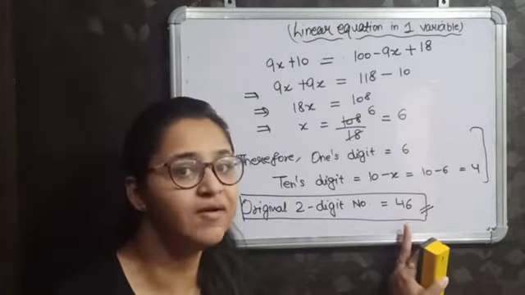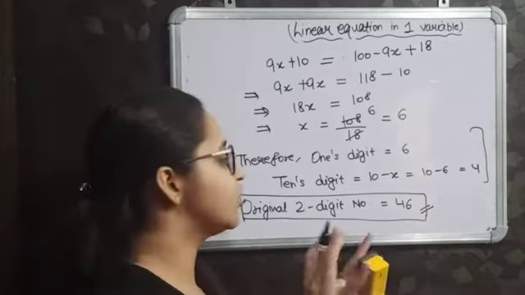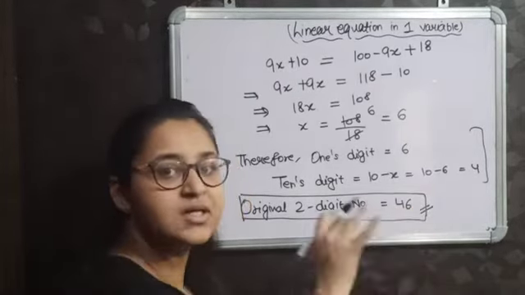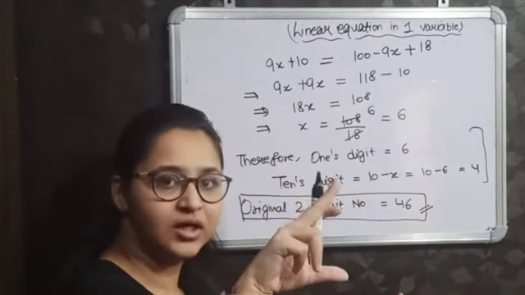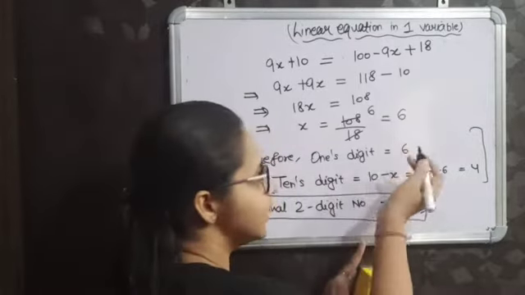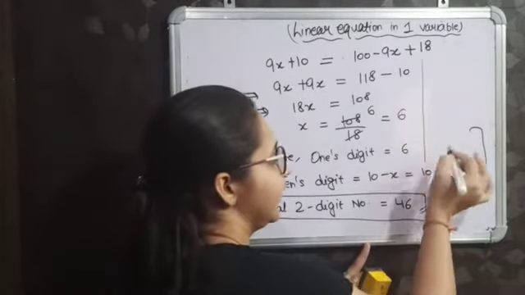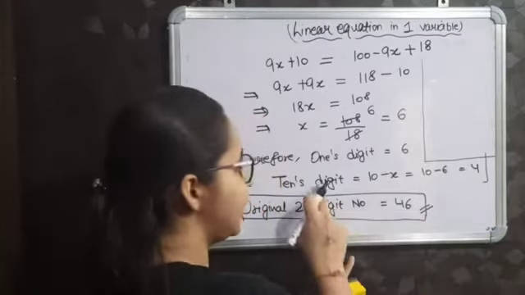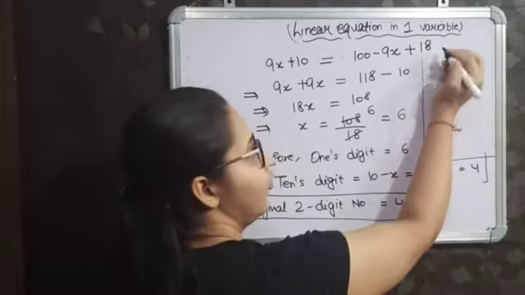Now you can verify your solution. How? It was given that your original number is 46, and when you interchange the digits, it means now the ones digit of the new number, I am writing here. Now the ones digit of the new number will be the tens digit, that is 4.